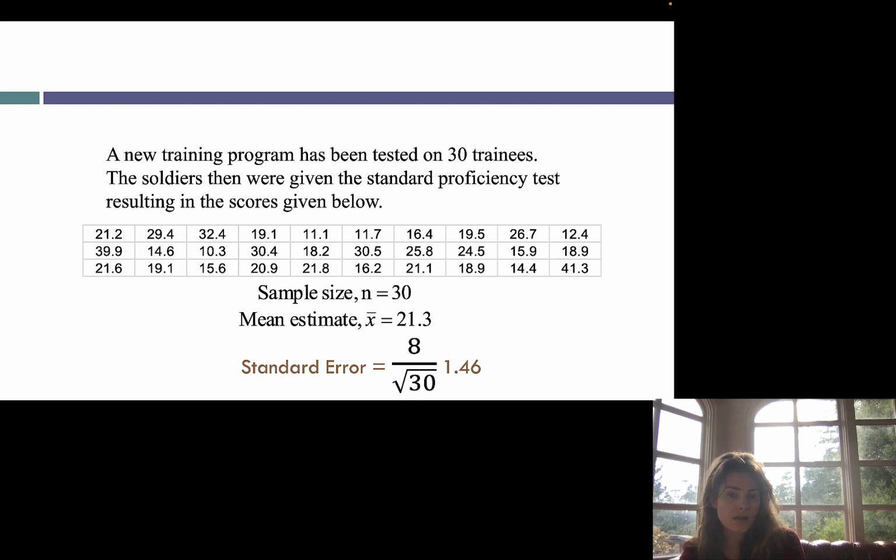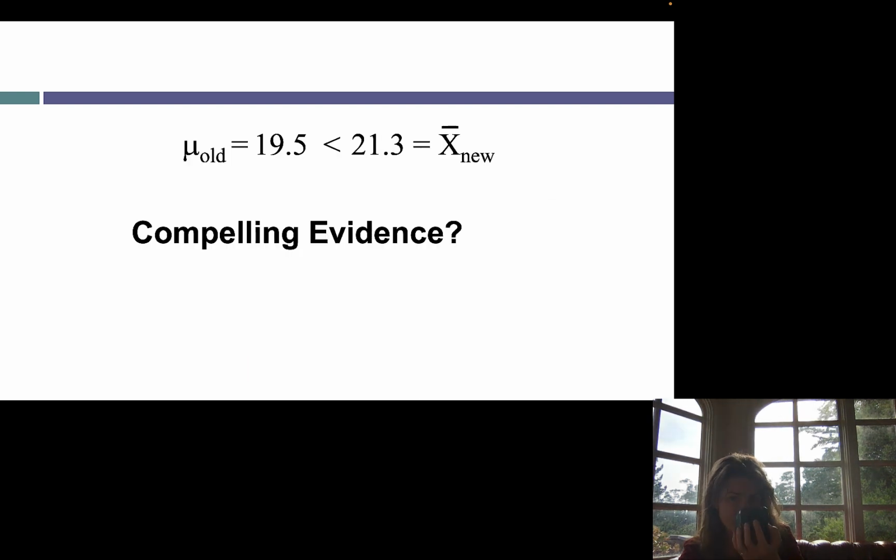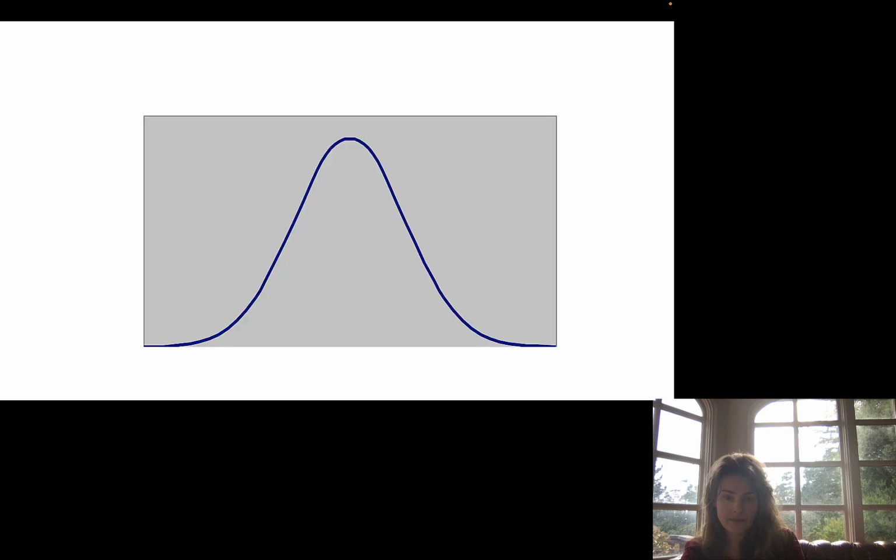We get an average, 21.3, and we get the standard error, that population standard deviation of 8, divided by our new sample size of 30, for a standard error of 1.46. And we're going to see if we have compelling evidence that that old average is less than the new average.